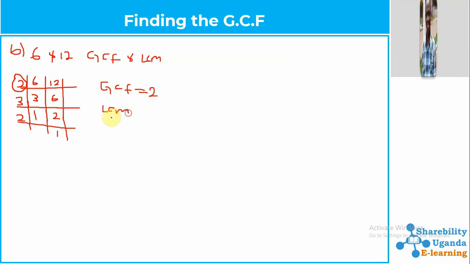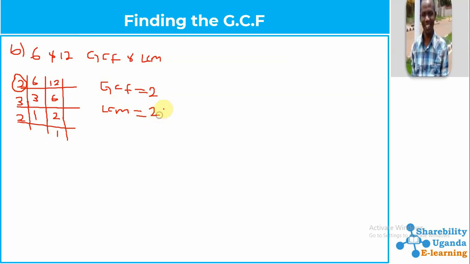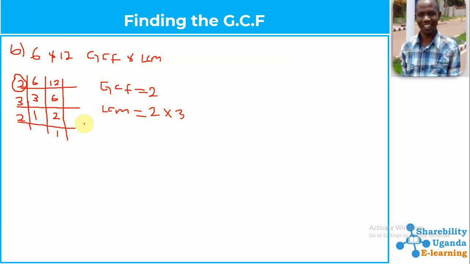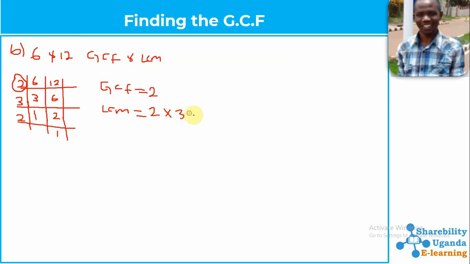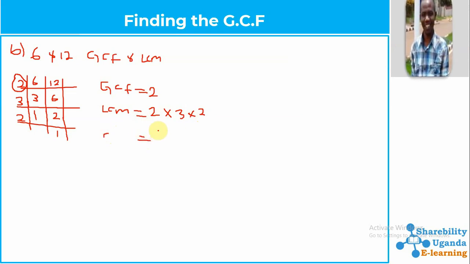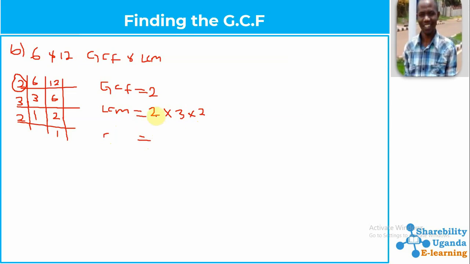Our LCM is going to be equal to our 2 here, times our 3 here, then times our 2, times 2. So this is our LCM, the lowest common multiple by prime factorization.